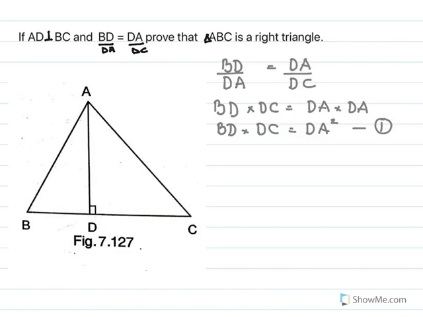In the next step, we will take triangle ABD, and we'll take triangle ABC, the larger triangle, and prove that they are similar.